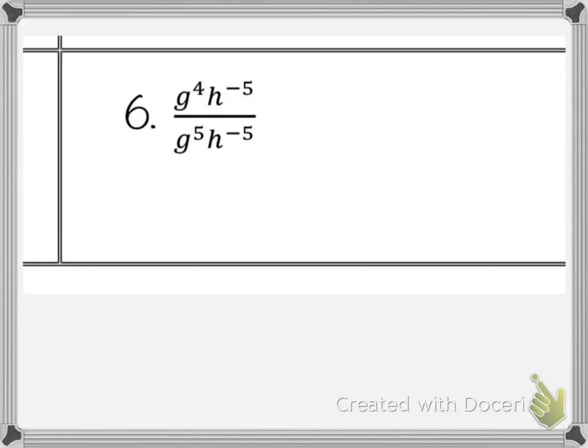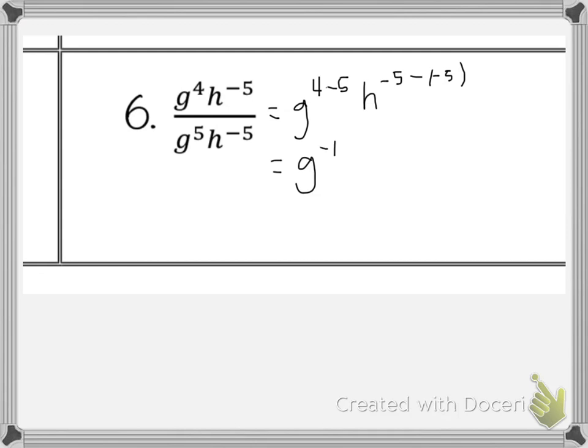Alright, so let's look at this one. So here we would subtract our exponents. Okay, so I would have g to the 4 minus 5, h to the negative 5 minus a negative 5. So this is going to be g to the negative 1.